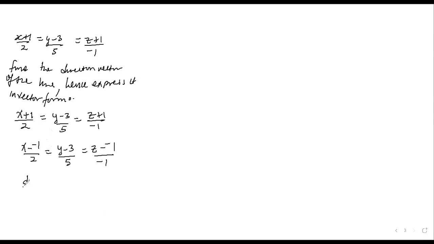So the direction vector straight away is 2, 5, negative 1. The known point A, a vector, is going to be negative 1, 3, negative 1.